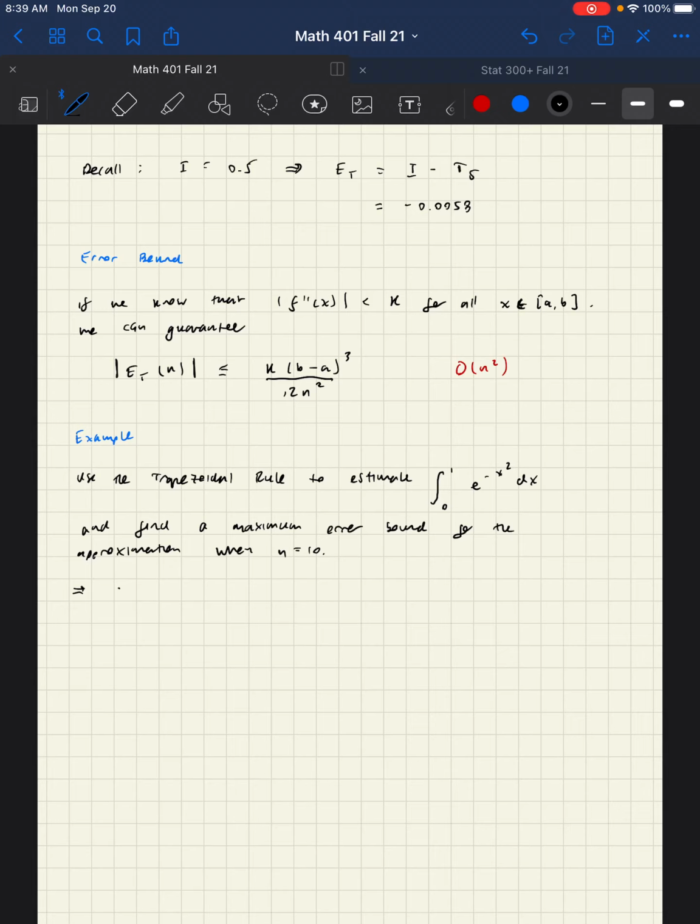Okay, so if we're actually performing this approximation, then what we're saying is this integral, which we have no way of finding analytically, we're going to approximate using T sub 10, which is delta x over 2, and delta x is going to be b minus a over n, in this case 1 minus 0 divided by 10, times the first function value f of 0 plus 2 times the sum from i equals 1 to 9 of f of x sub i plus f of 1.